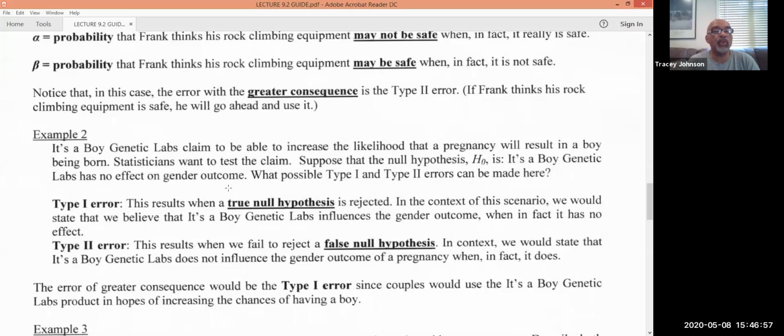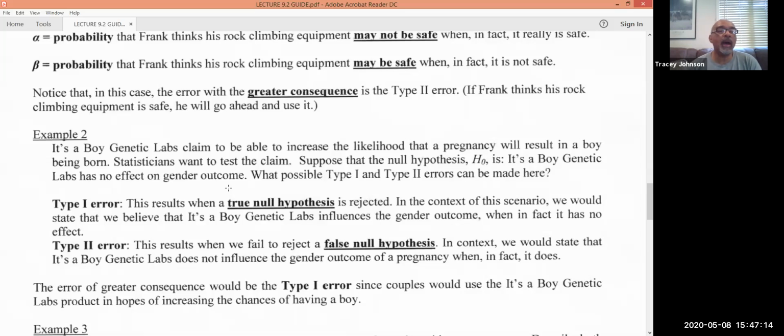All right, example 2. A Boy Genetics Lab claims to be able to increase the likelihood that a pregnancy will result in a boy being born. Statisticians want to test this claim.